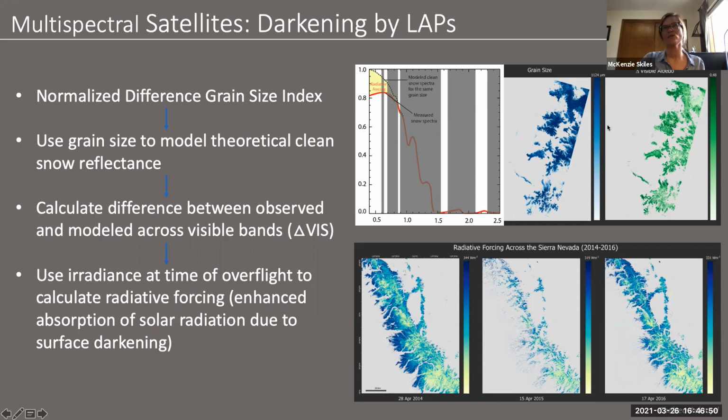And then we can basically take incoming sunlight at the time of the satellite overpass and times it by the change in visible albedo. And that returns something called radiative forcing, which is the enhanced absorption of solar radiation due to surface darkening. And that allows us to quantify in watts per meter squared the impact of surface darkening, which I'm showing here just as an example for the Sierra Nevada at different time steps.